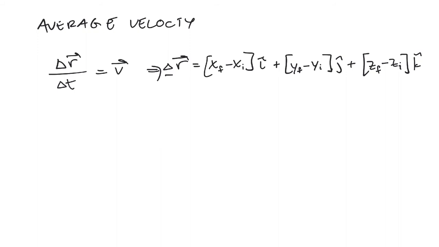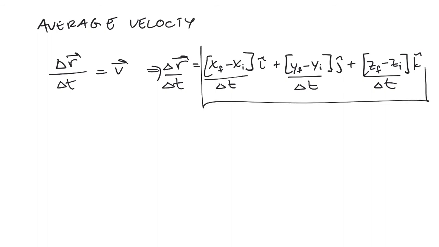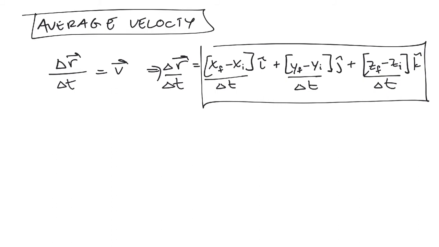And to make that velocity, or average velocity, you divide all of these by delta t. And that ends up being your average velocity formula right there in terms of multiple dimensions.